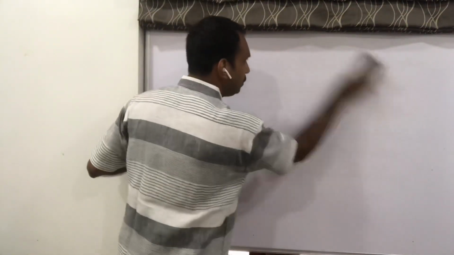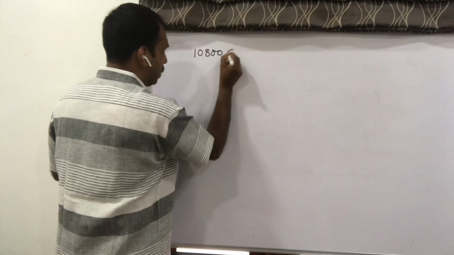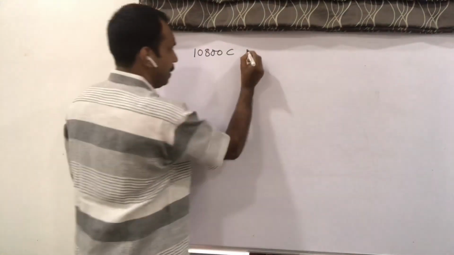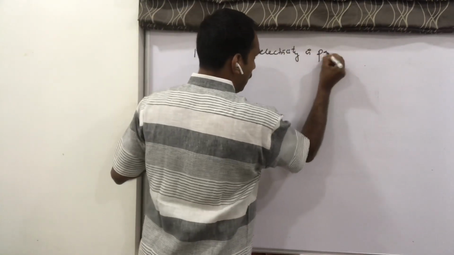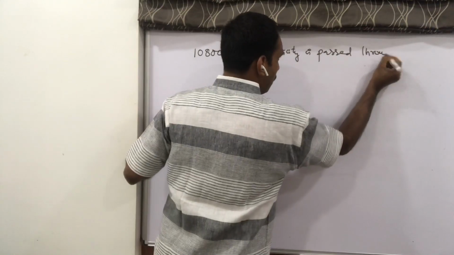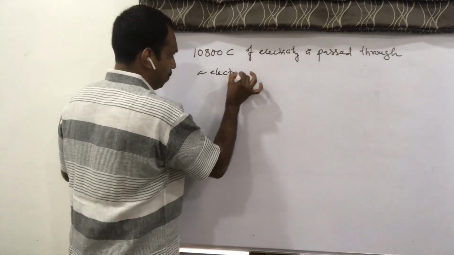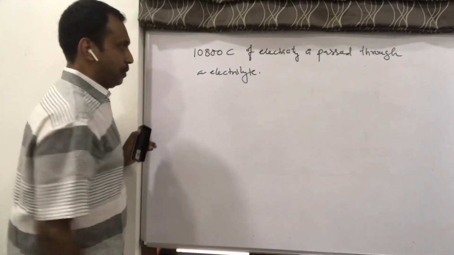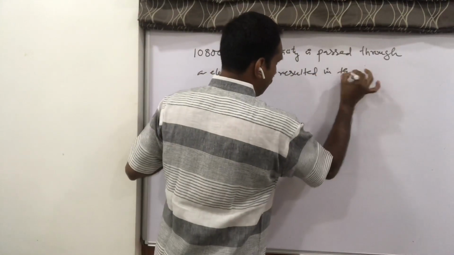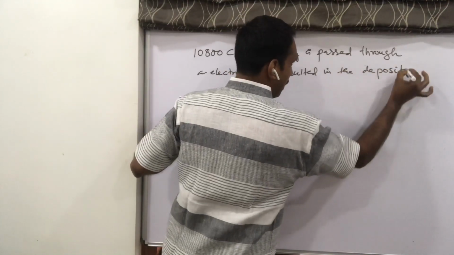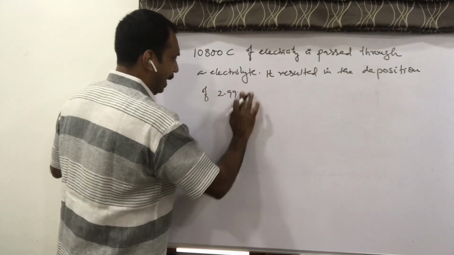Now here is a simple question once asked in the All India Medical Entrance. 10,800 coulomb of electricity is passed through an electrolyte. It resulted in the deposition of 2.99 gram of metal.